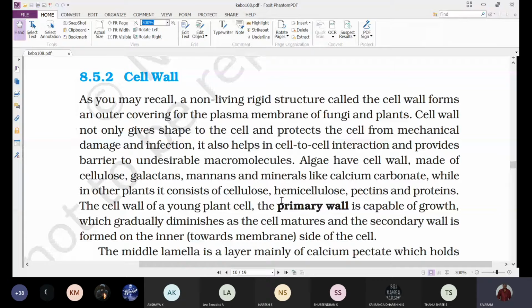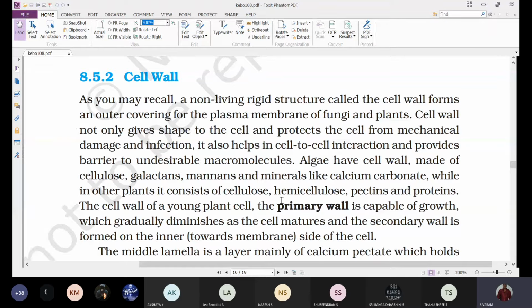Okay, next, coming to the next one, that is the cell wall. Generally the cell wall is present in plant cells, but absent in animal cells. So we can see here.